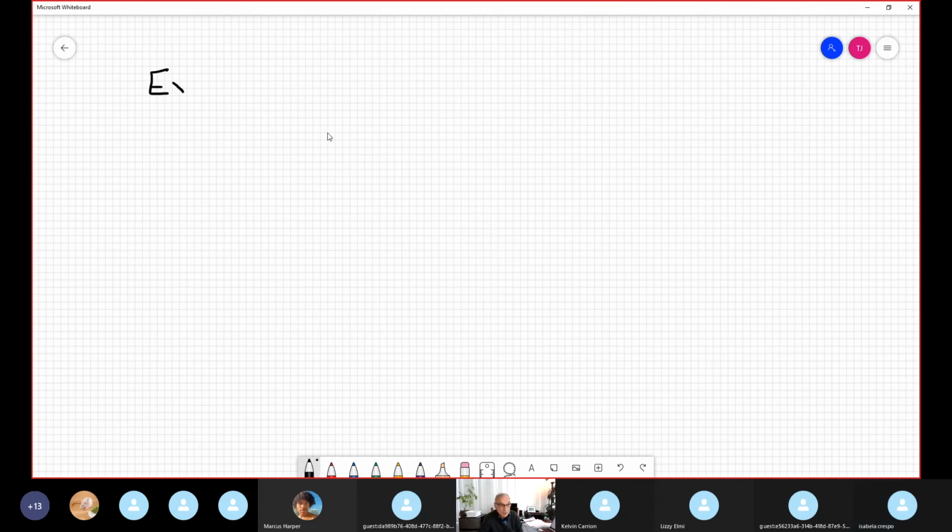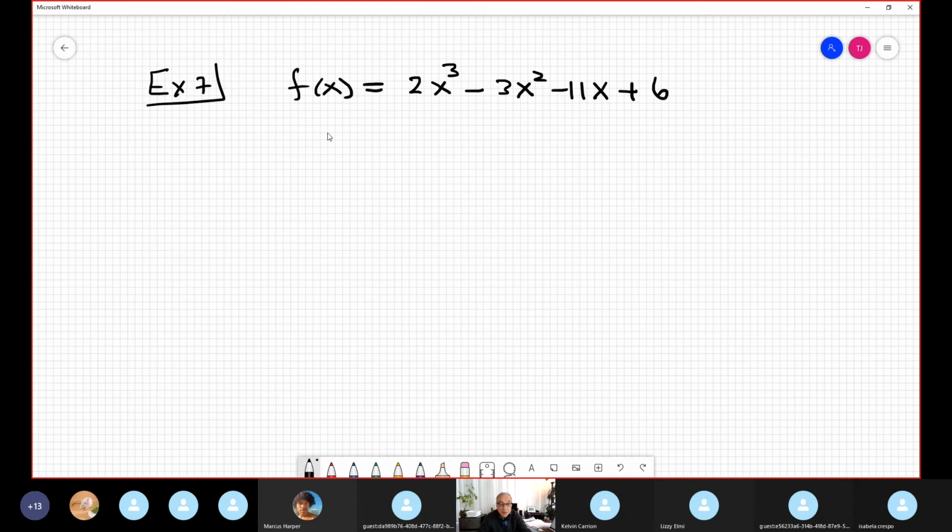Example 7. f of x is equal to 2x to the cubic power minus 3x squared minus 11x plus 6. Okay, fantastic. Again, the degree is 3. The leading term is 2x cubed.